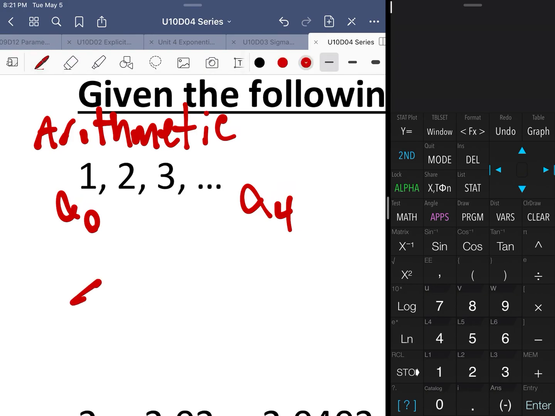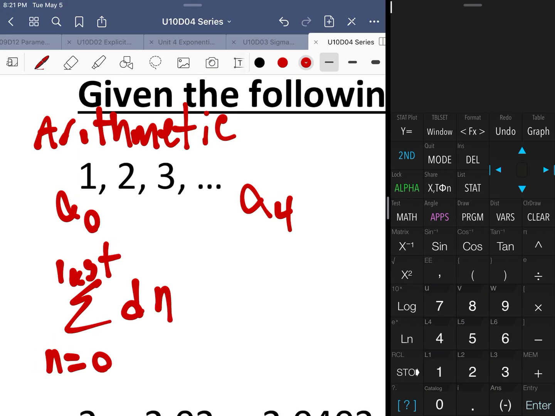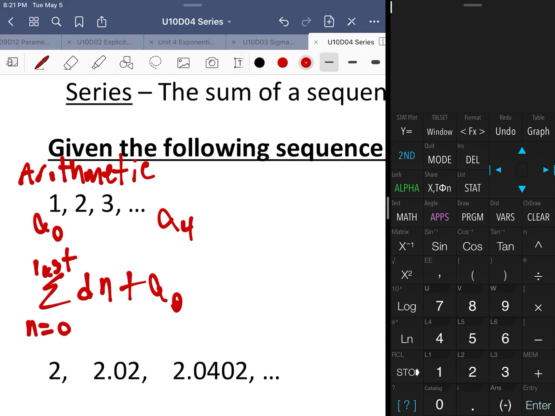For an arithmetic sequence, we're going to write the summation of term 0 to the last term of the common difference times n plus our y-intercept, or our first term. So that's our formula.